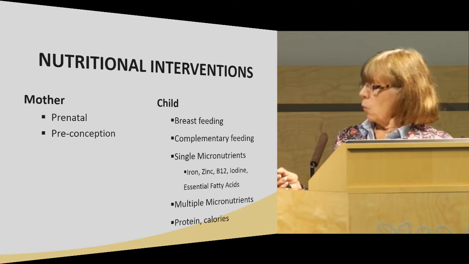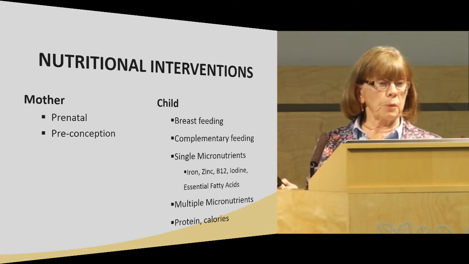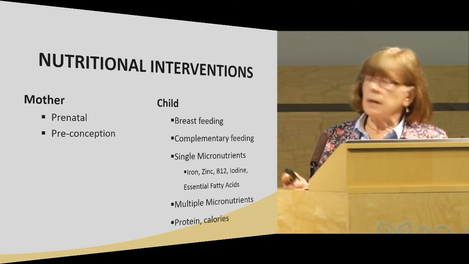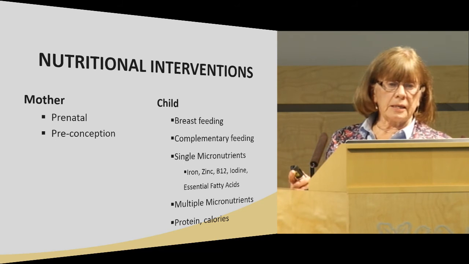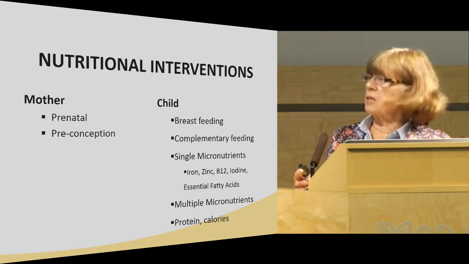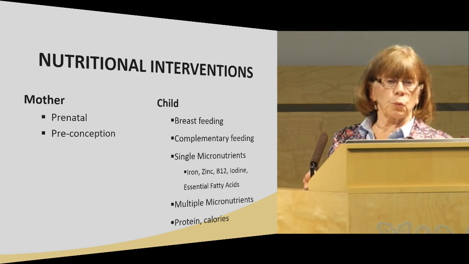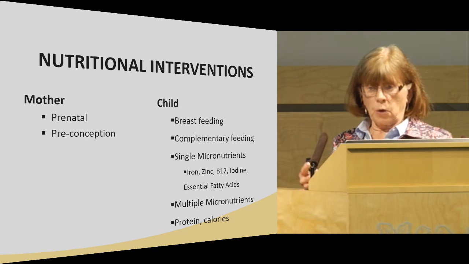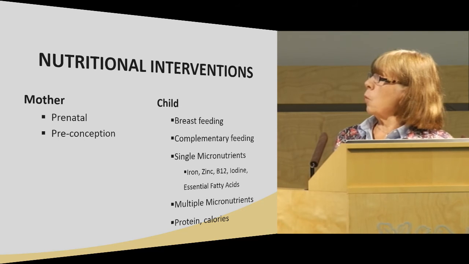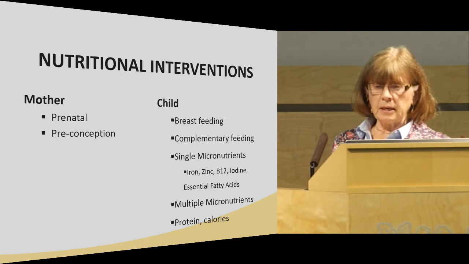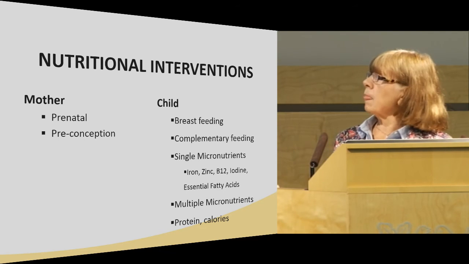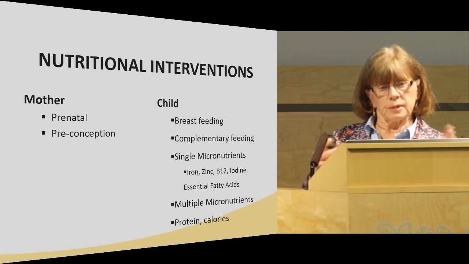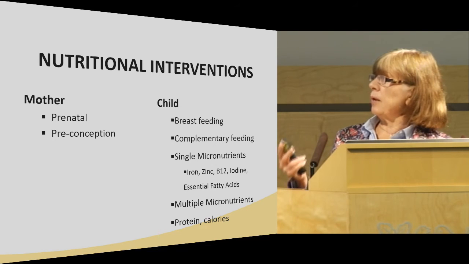With children, we can intervene by promoting breastfeeding, and there's evidence that breastfeeding, particularly exclusive breastfeeding, is beneficial to children in terms of their growth and in terms of their development. We can look at complementary feeding, those are the kinds of foods that we used to call weaning foods.